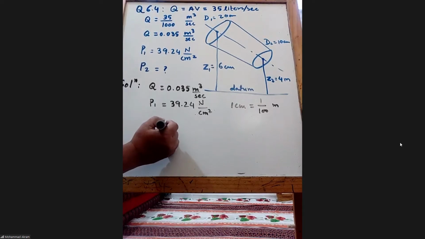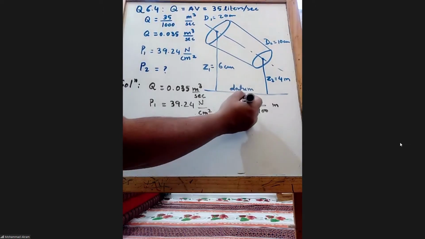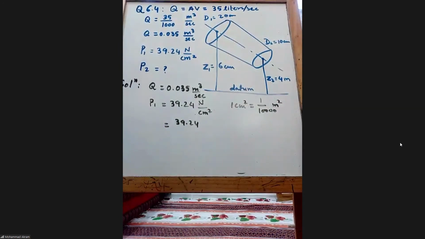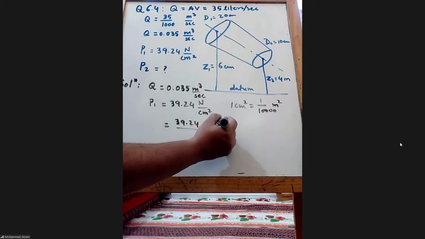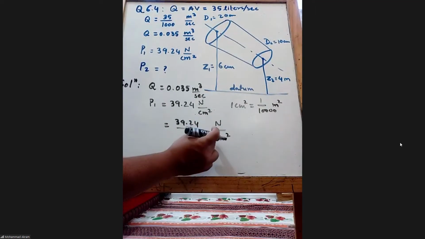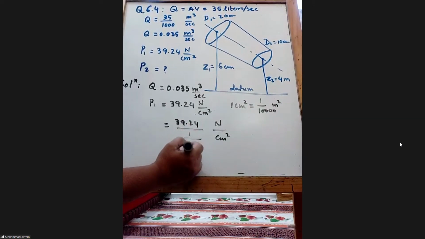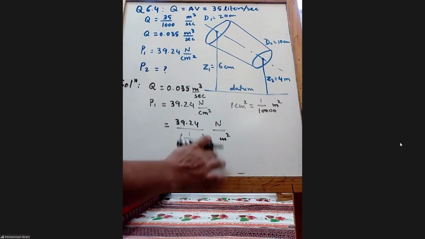So 39.24 Newton, centimeter square in the denominator. 1 centimeter square is equal to 1 divided by 10,000 meter square.